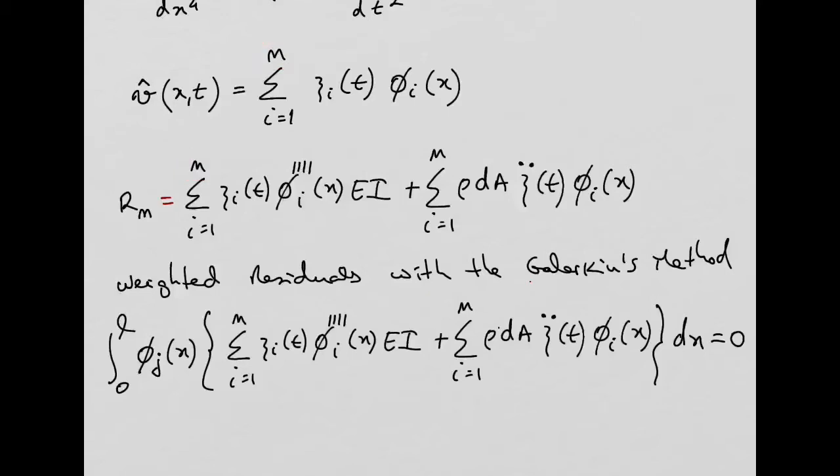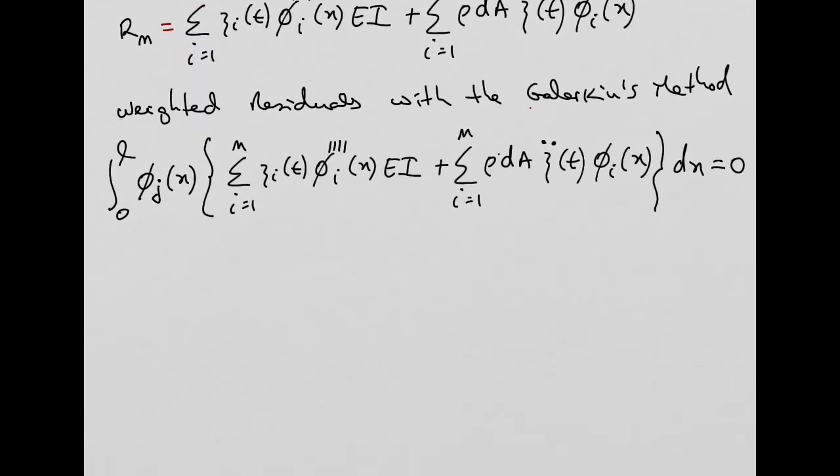And if you look carefully at these two terms, this one here in red and this one here in green, once you do these two terms, you will get something like this.